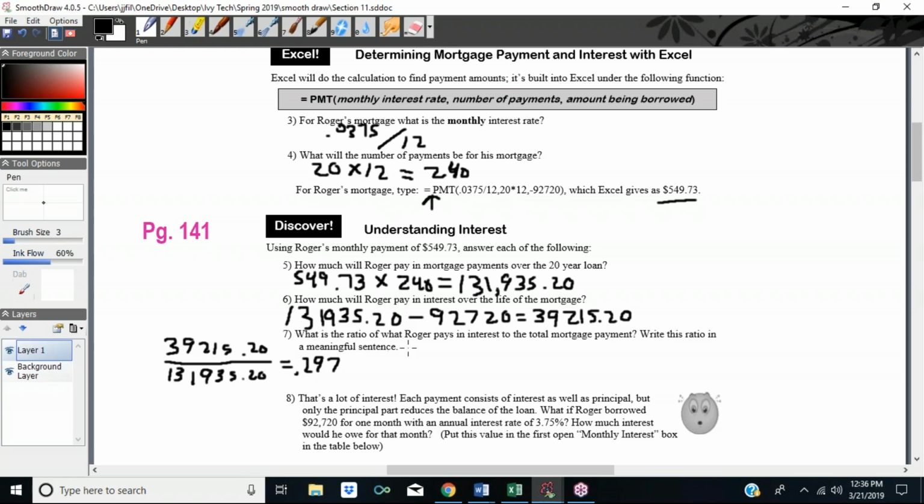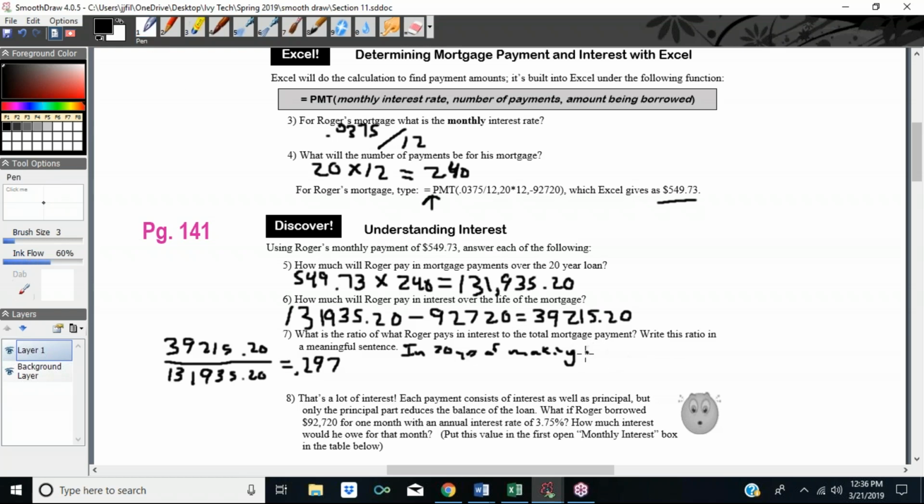We can say in 20 years of making payments, I have to clarify this. Not 20 years of making payments, 20 years of making only the minimum payment, right?